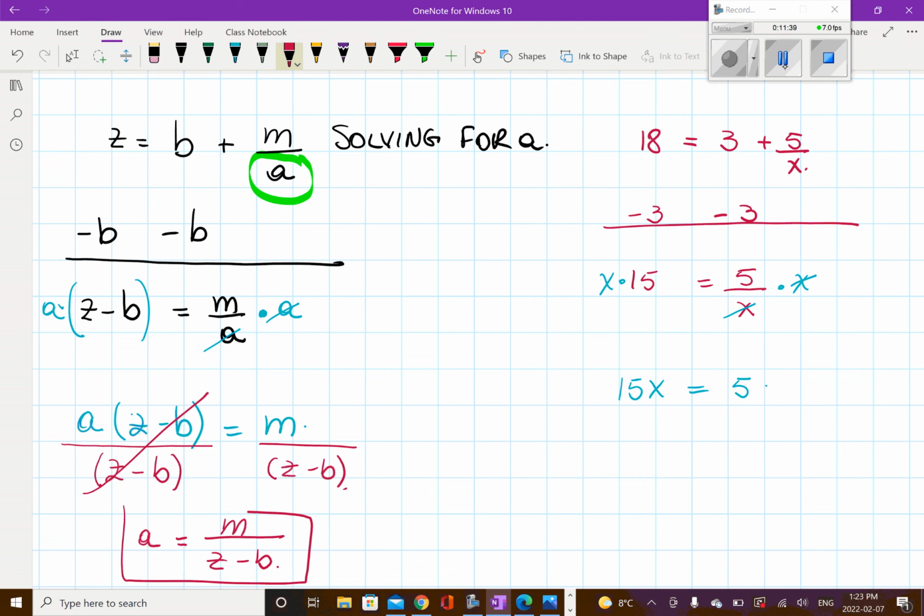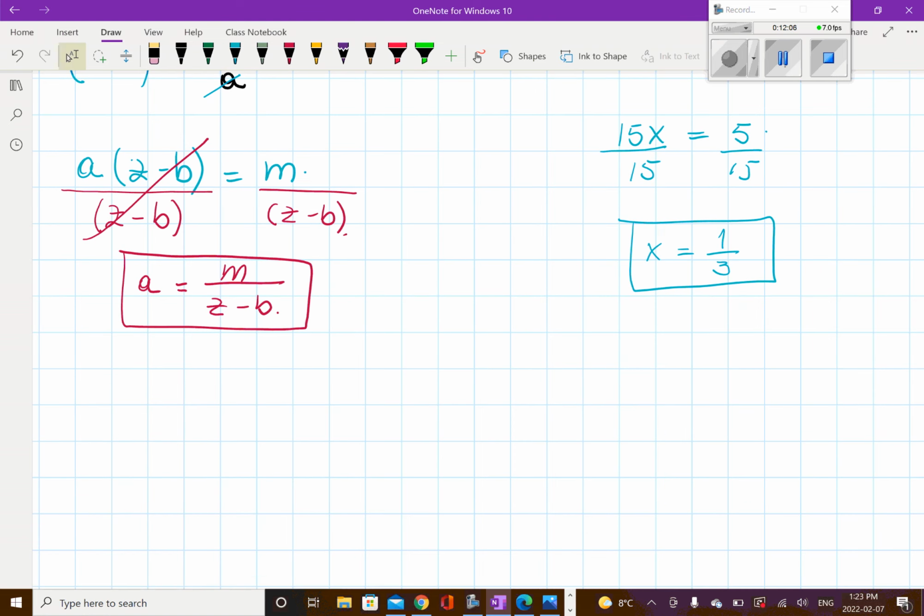And what we will see in a literal equation is an expression, and what we will see in an equation with numbers will be a number, which in our case is a fraction. So this is how we solve literal equations.